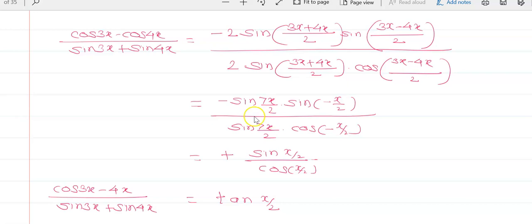Therefore, you will get minus 2 sin of 7x upon 2 into sin of minus x upon 2, upon 2 sin of 7x upon 2 into cos of minus x upon 2.